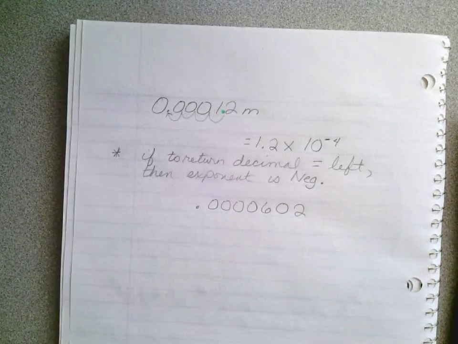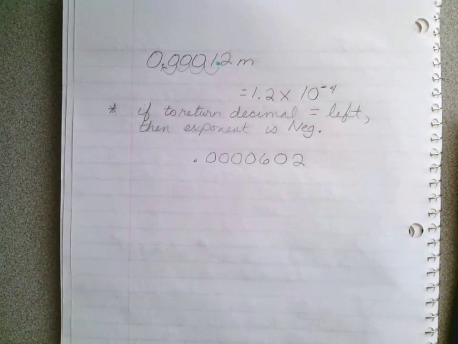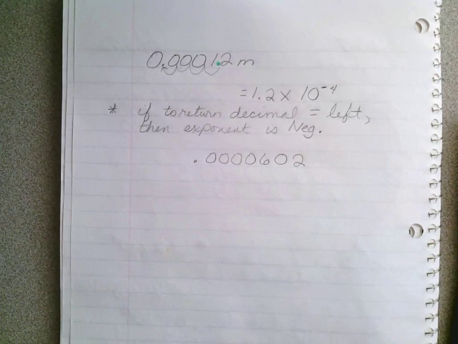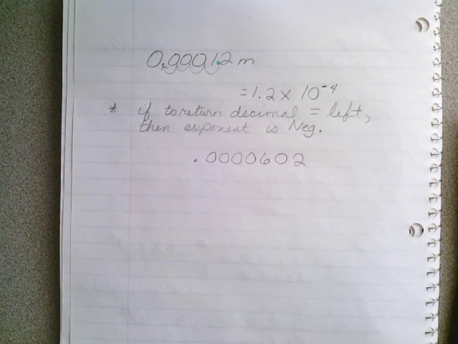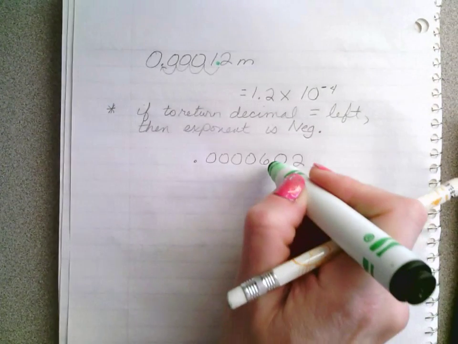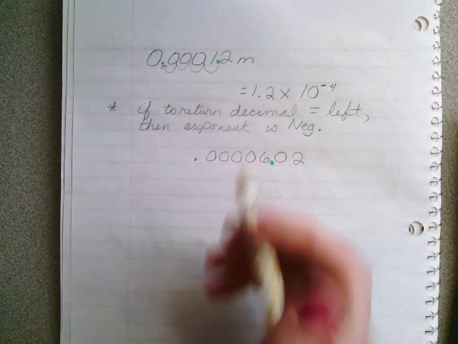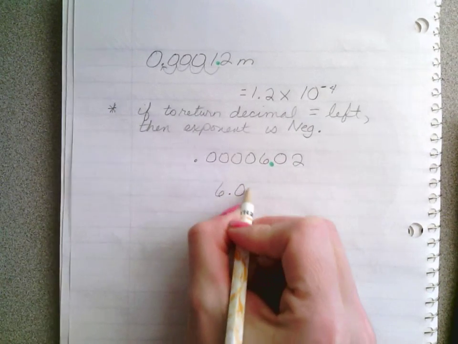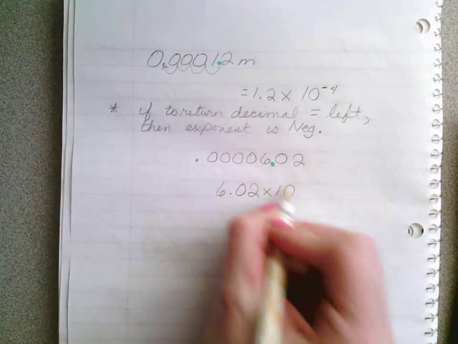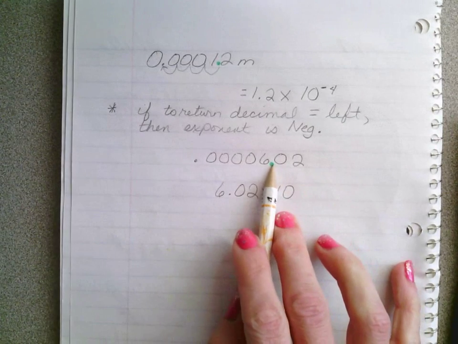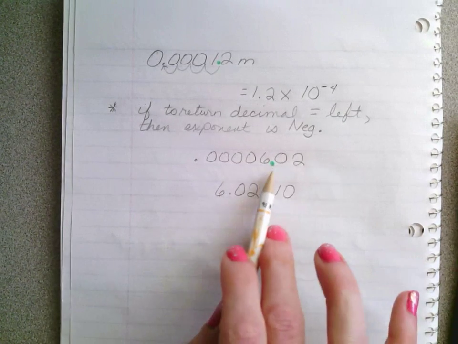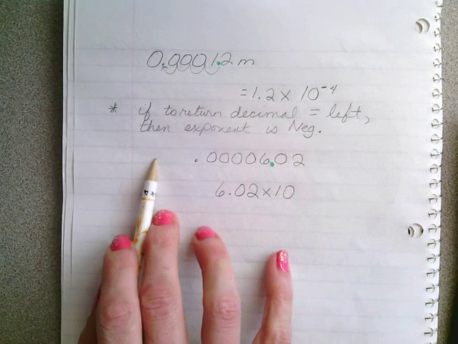Here's another practice item. 602, whatever. Where am I going to put the decimal? Where do you think I could put it? Got a couple of you that are cracking on. Very good. Ben. Right after the 6. 6.02 times 10 to the positive, which means that way, or negative, which means that way.